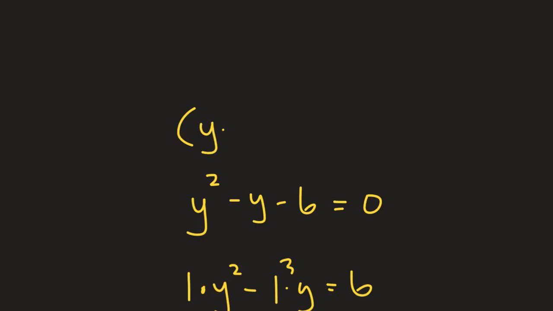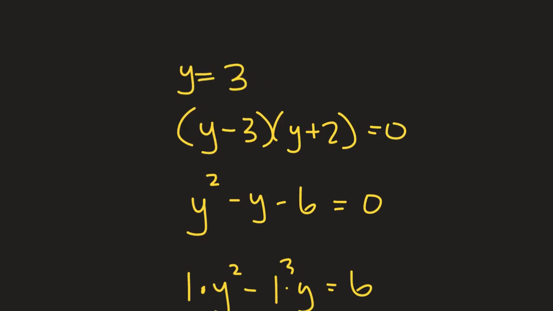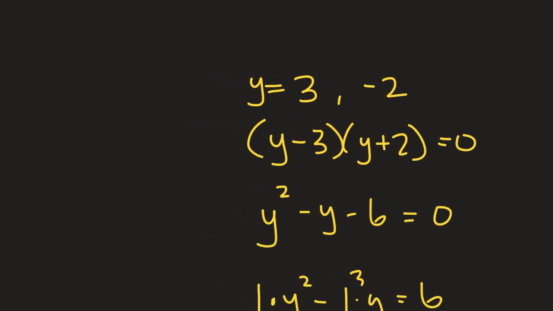Okay, this factors to y minus 3 and y plus 2. Which means y has to be positive 3 or negative 2. So our 2 points are 1 comma 3 and 1 comma negative 2.